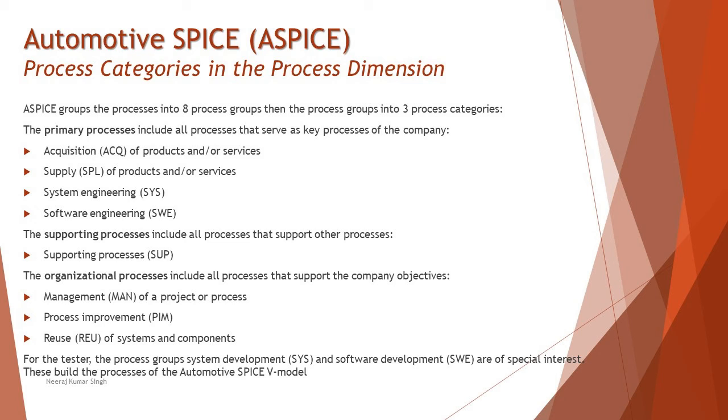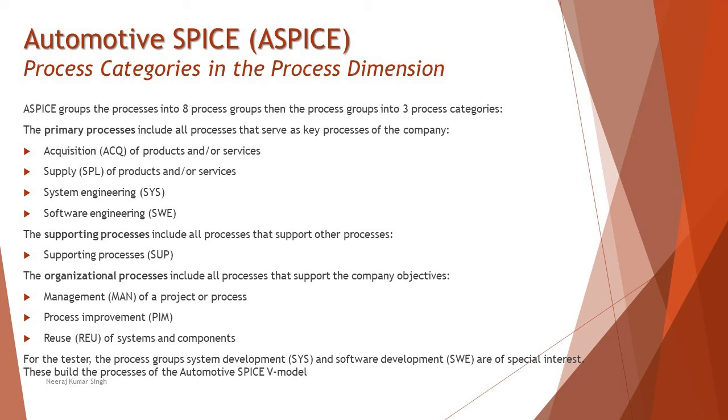And not only that, the third category is from the organization point of view. Organization processes include all processes that support the company objectives. Because when it comes to product-based organizations, you have a good policy which we need to follow, and you have a company-wide strategy for the products which you're making, and the product has to meet the expectations. So the organization's contribution equally becomes important, other than the methodology and the process which you're following.